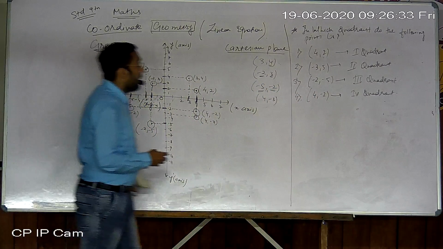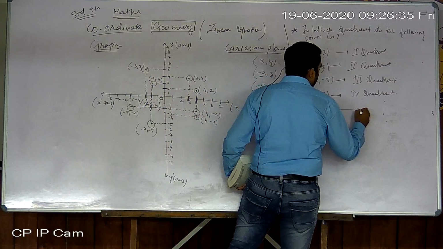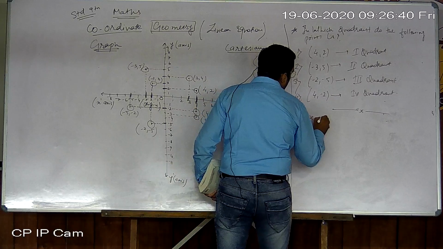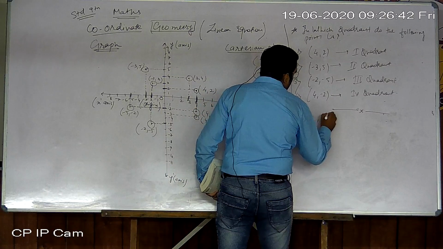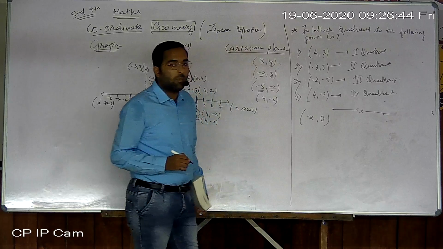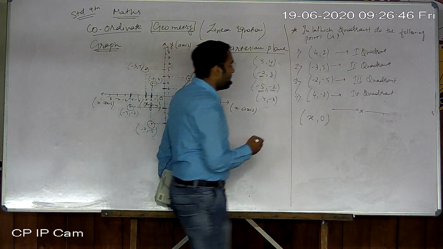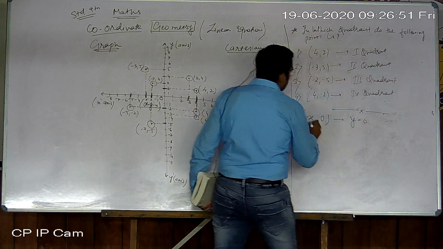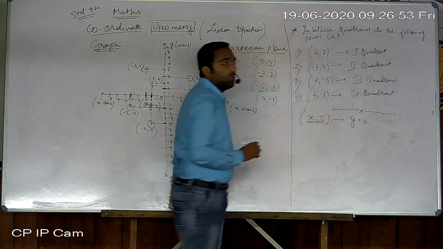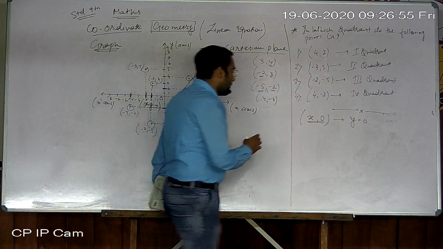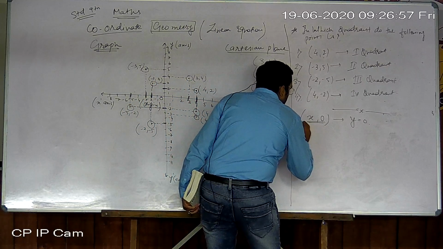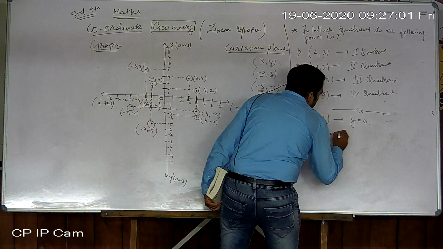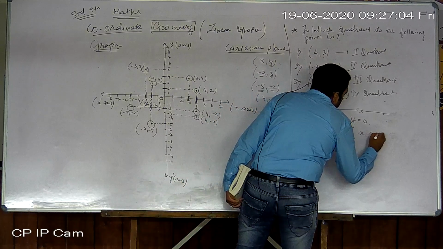Whenever you plot x, y with y equal to 0, this point always lies on the x-axis.